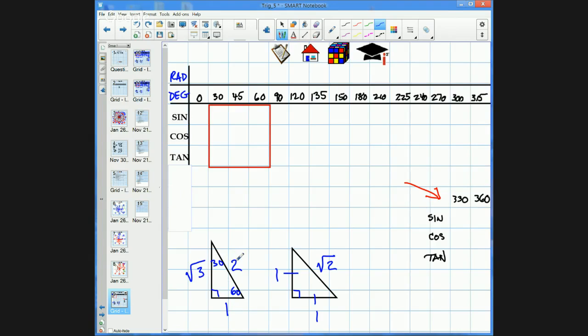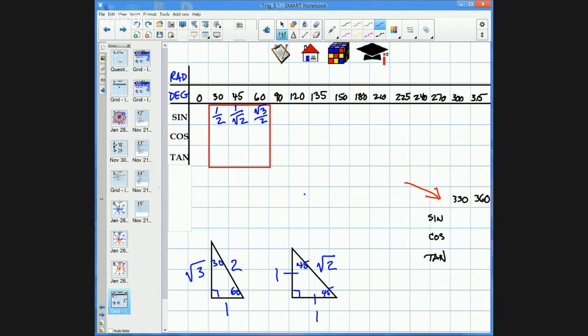Opposite over hypotenuse, that would be 1/2. 45 degrees, these are both 45s here. And by the way, it doesn't matter which 45 you do it on. But what's the sine of 45? Opposite over hypotenuse, so it's 1 over the square root of 2. What's the sine of 60? Opposite over hypotenuse, square root of 3 over 2.